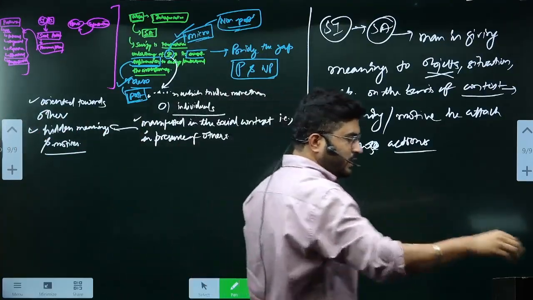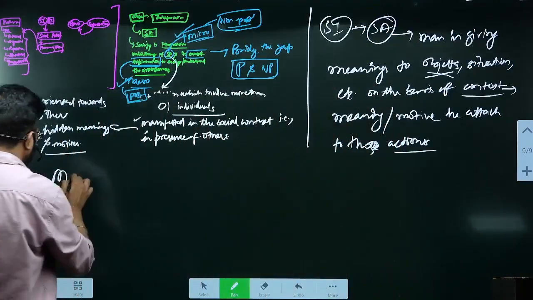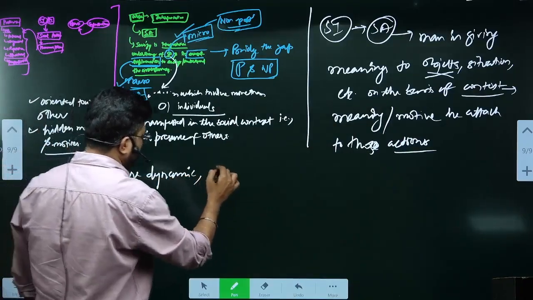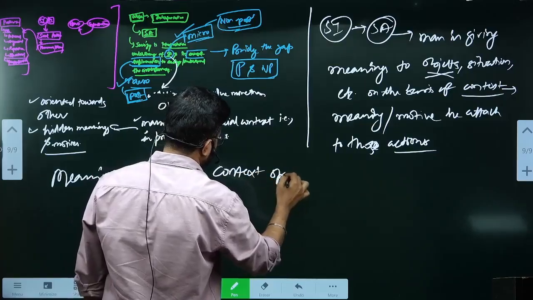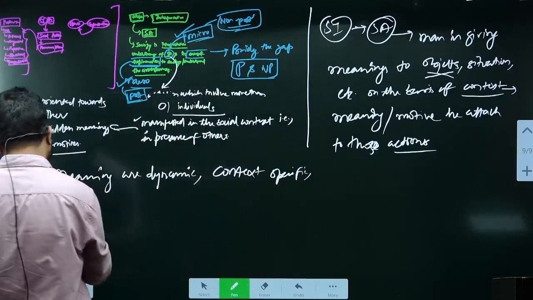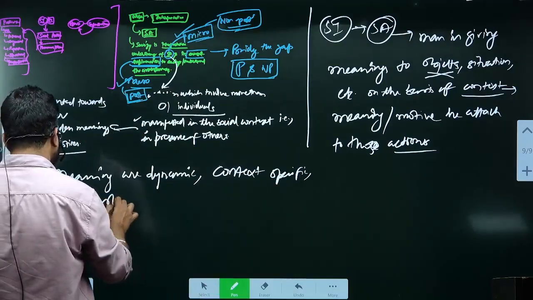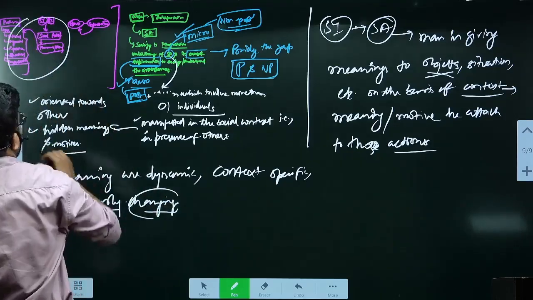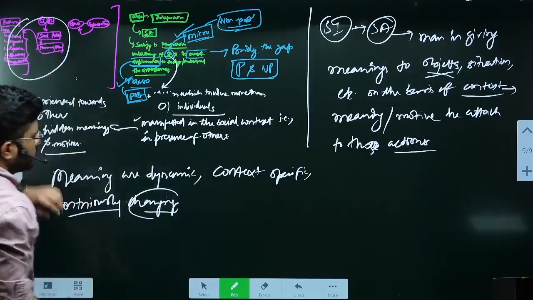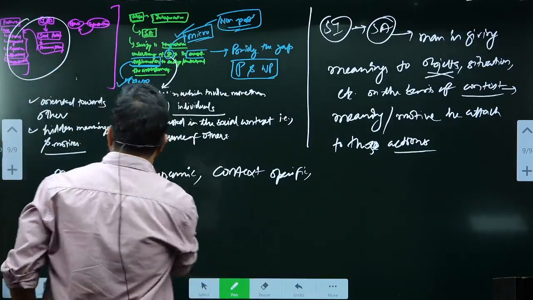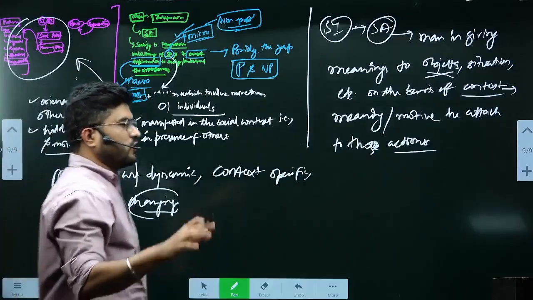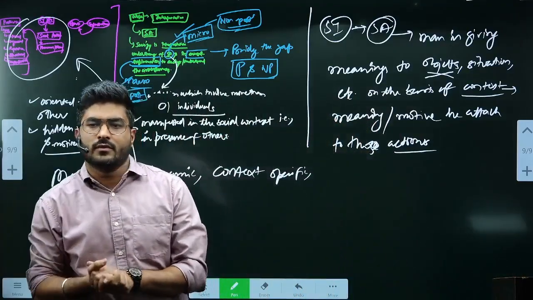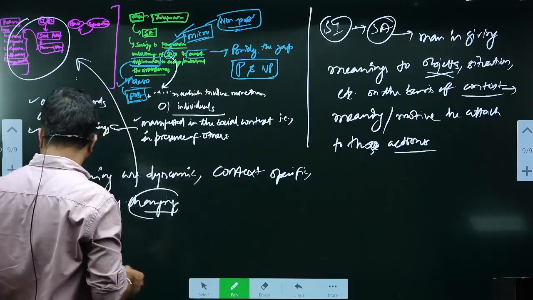So if the meanings are dynamic, if they are context specific, if they are continuously changing, how can we say that human behavior is patterned, which we have seen earlier from the positive school of thought? It is basically challenging that patterned, structured or repetitive notion which was given by the positive school of thought. Okay, this is what they portray.